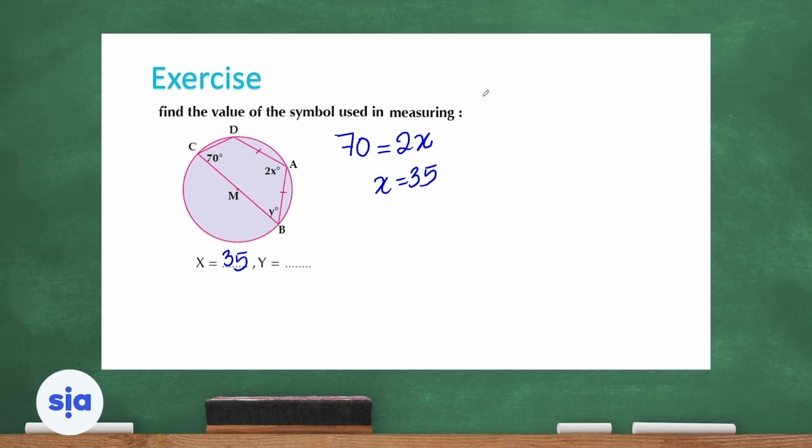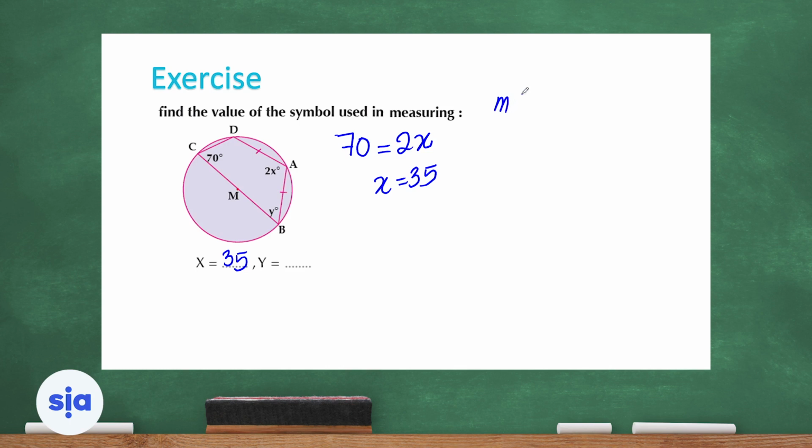To find y, you will see that angle C is an inscribed angle, and its arc is DAB.